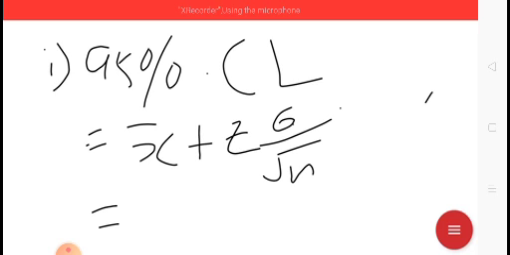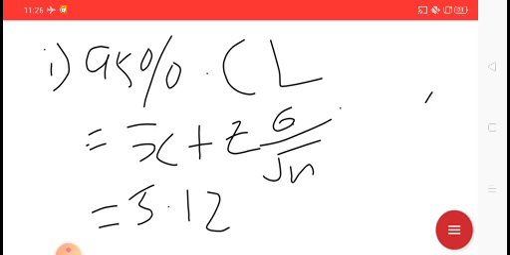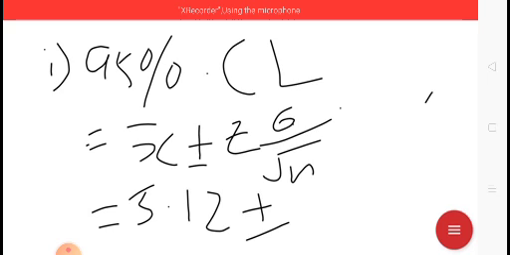For 95% confidence, you need to find the z value: P(Z < z) = 0.975.